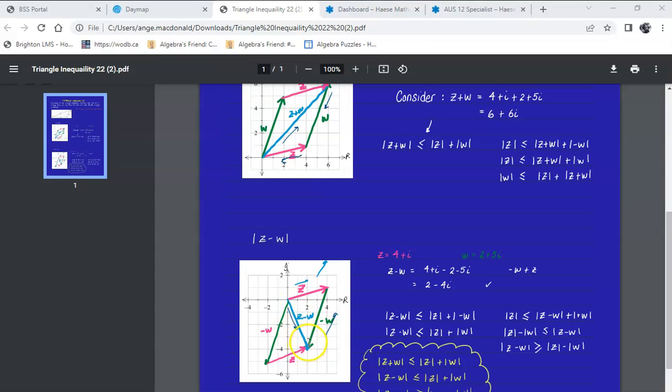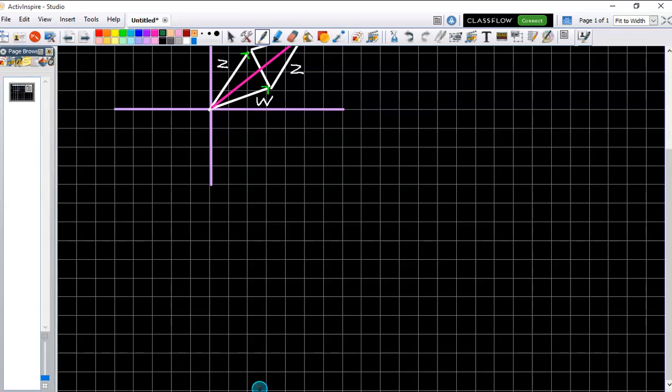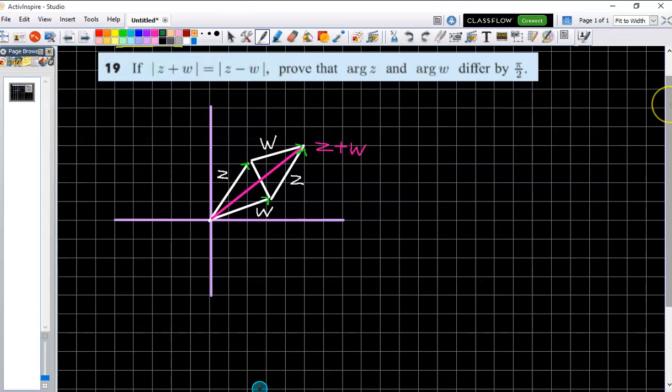This blue line and this one aren't necessarily always going to equal each other. Would you agree? Even with Kunal's diagram here, you can see they're not necessarily equal. But the question is asking you, if they do, prove that they differ by a certain amount. So handing back over now.